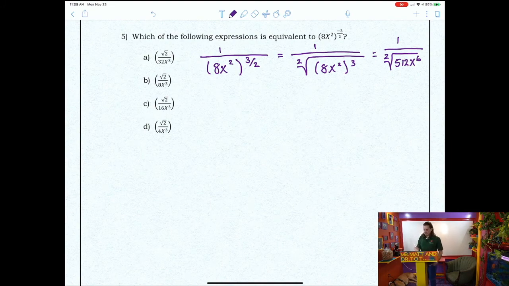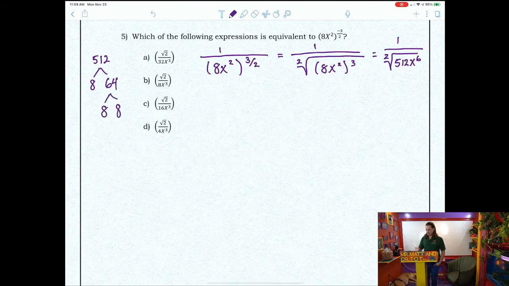If we look at the factorization of 512, well, we made 512 from 8 to the third power, so 2 factors has to be 8 and 8 squared, or 8 and 64. 64 breaks down into 8 and 8, and each of these break down into 2 and 4, 2 and 2.